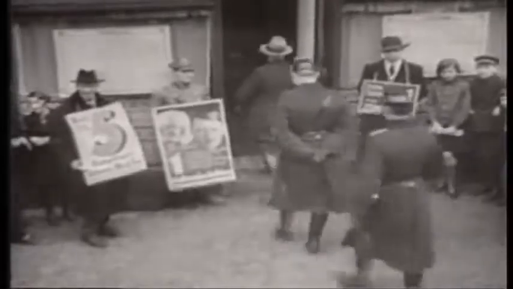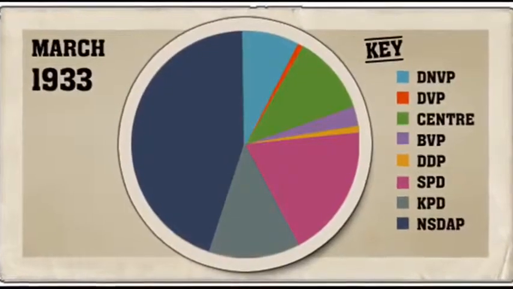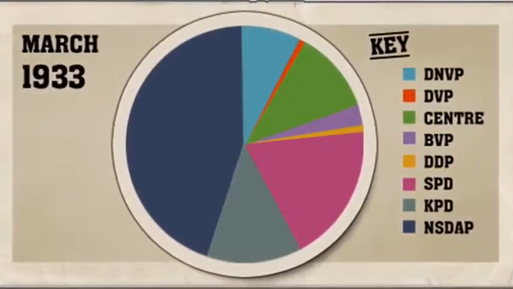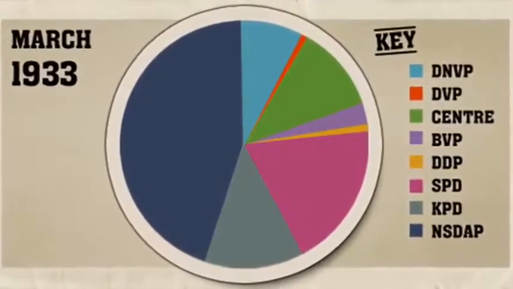The general election went ahead as planned on the 5th of March 1933, and the Nazis won 288 seats, their biggest number yet. This still wasn't a parliamentary majority, but 52 nationalists from other parties supported the Nazis. With the 81 elected communists absent, Hitler was pretty much able to do as he liked.